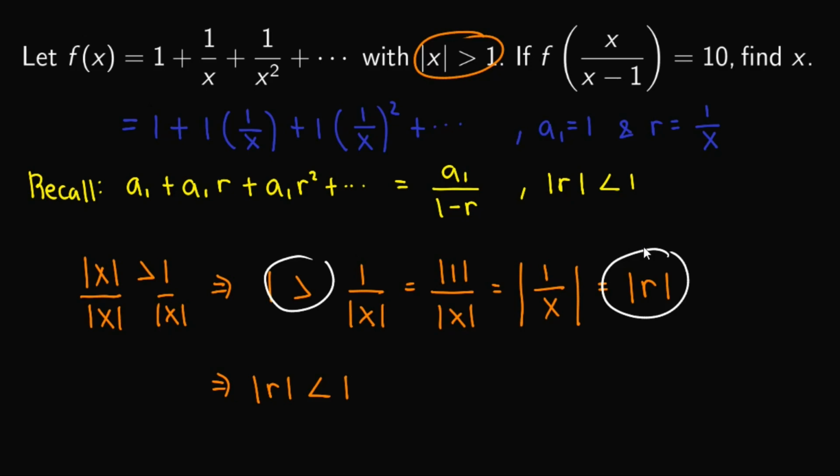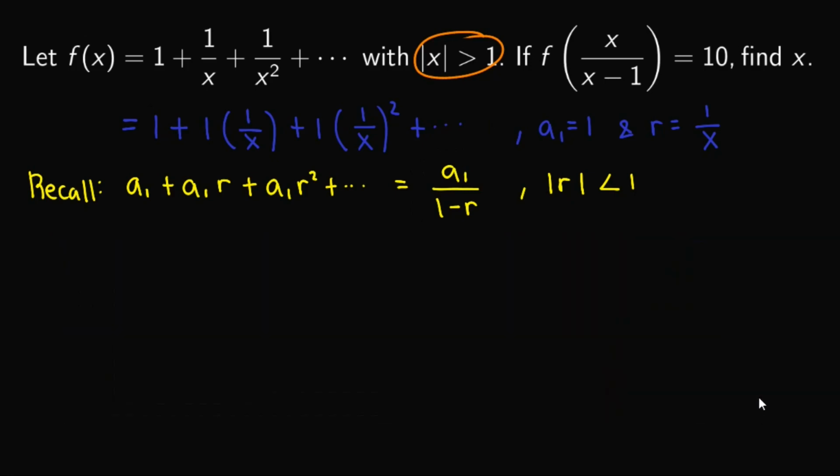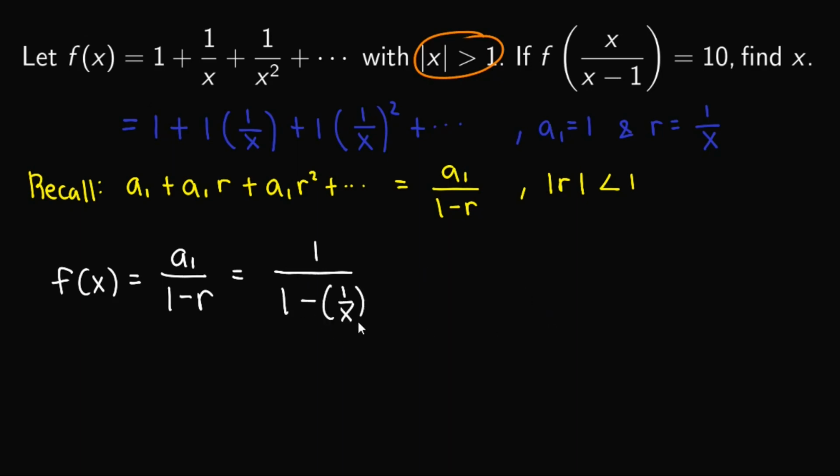And so that means we can use this formula, or that means we can express f of x in this simple form. So let's do that one. We have f of x is equal to a sub 1 over 1 minus r. Our a sub 1 in this case is 1, and r in this case is 1 over x.